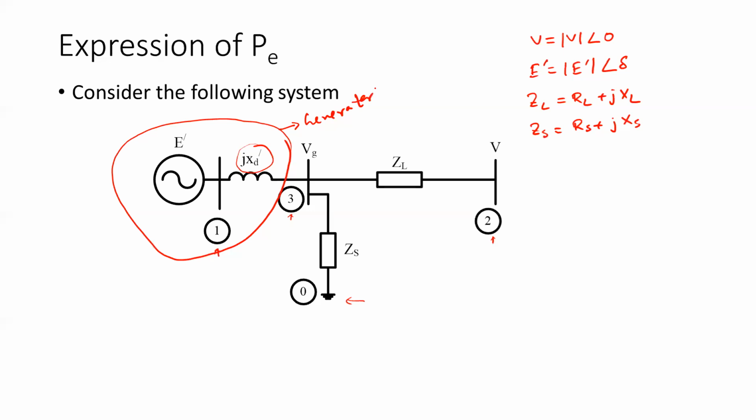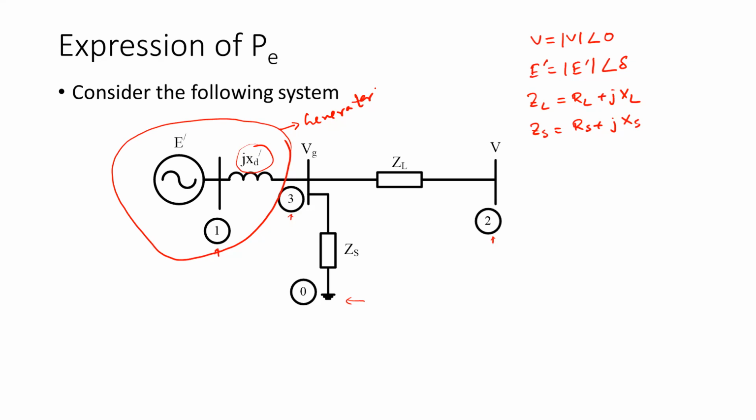What is the relationship between E dash and VG? Are they equal? No, sir. Are they ever equal? No, sir. There are losses, so they are never equal. If your generator is not loaded, you will see that E dash and VG are essentially the same.